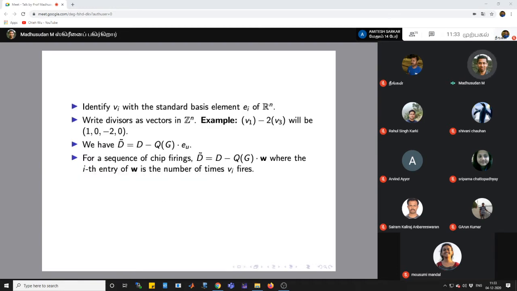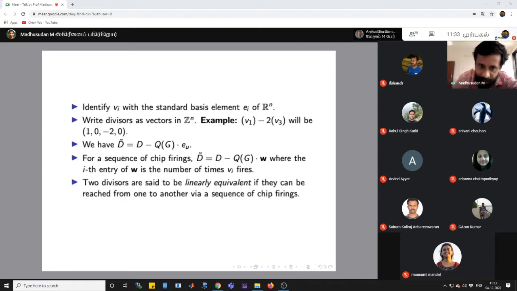we'll define, so this chip firing game allows us to naturally define an equivalence relation among the set of divisors, right? So how do we define an equivalence relation? We say two divisors are linearly equivalent if they can be reached from one another via a sequence of chip firings. And you can assume that the sequence is finite. It doesn't change anything.